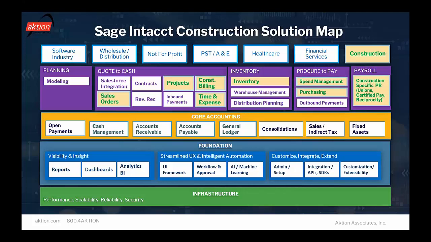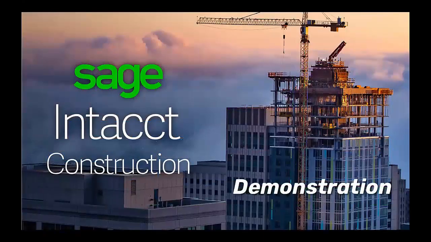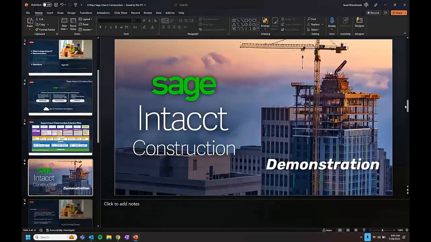Those are really what Intacct has enhanced specifically around the construction division. So a lot more contracts capabilities than they've needed before. So again, not a new system, been around for quite a long time, but we're really enhancing the capabilities specifically to the construction side of the business. And like I said, quick slides, and we're going to jump into the software.